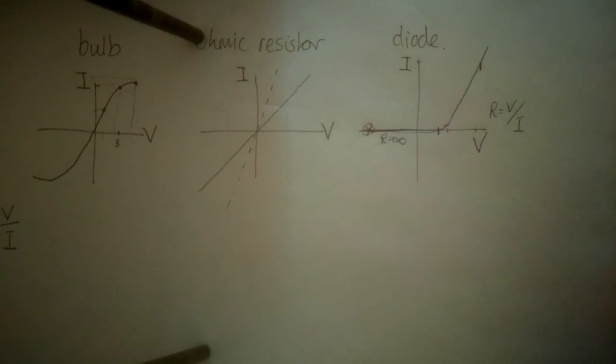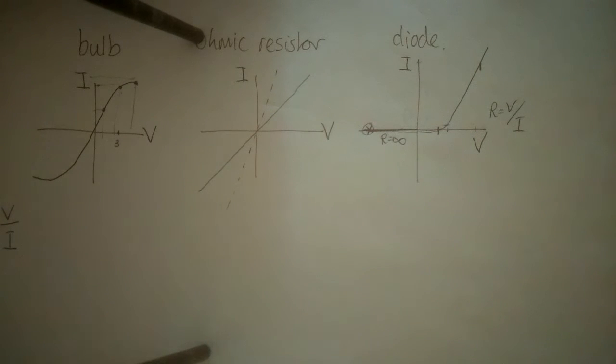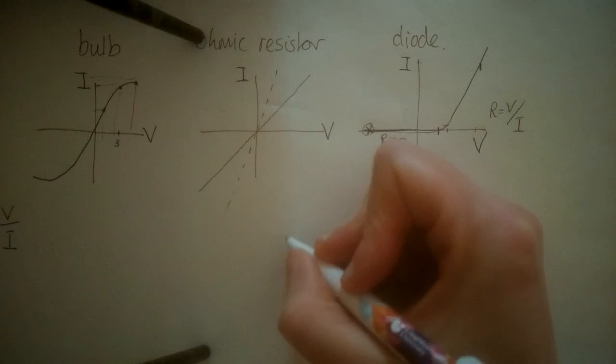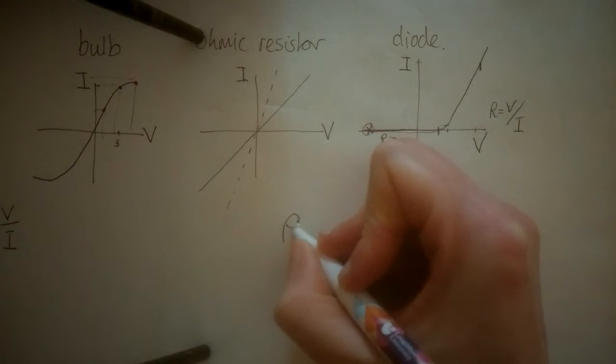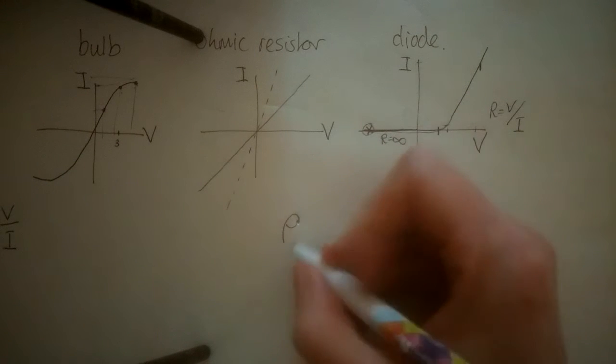Now, when you're looking at resistance, there is a page in the book that looks at the effect of temperature on resistance, and it's page 175 in the book. It talks about the resistivity, because it's not just resistance that changes, it's resistivity that changes.